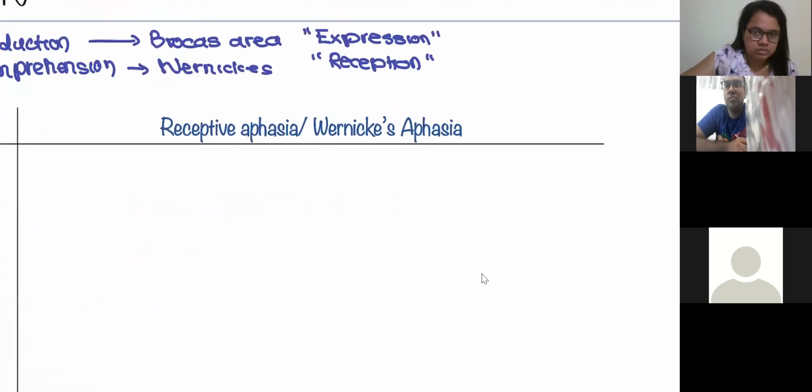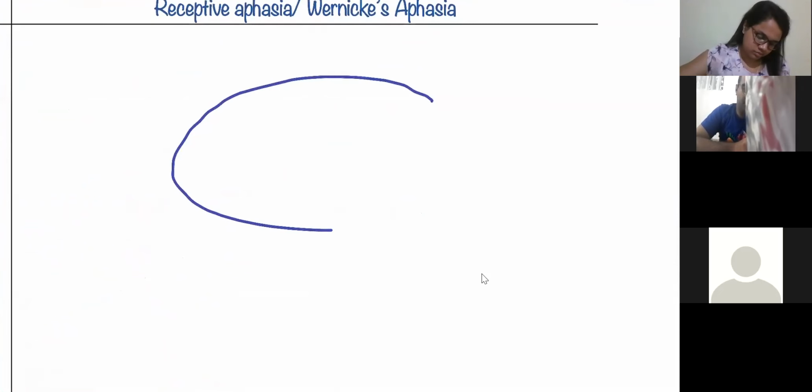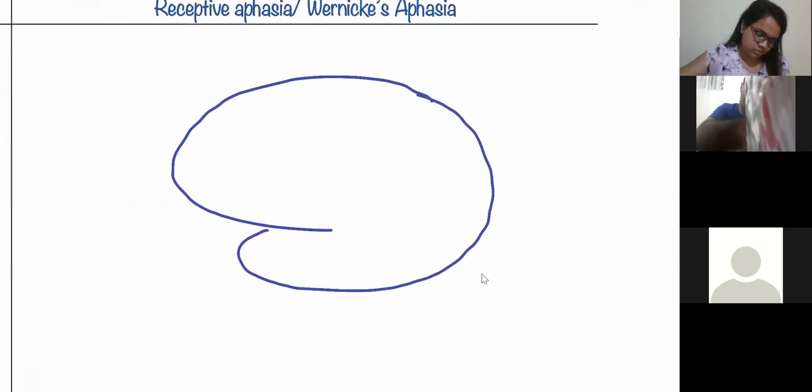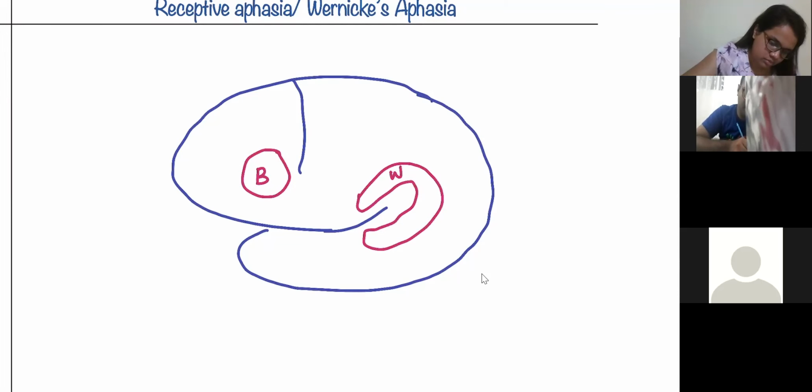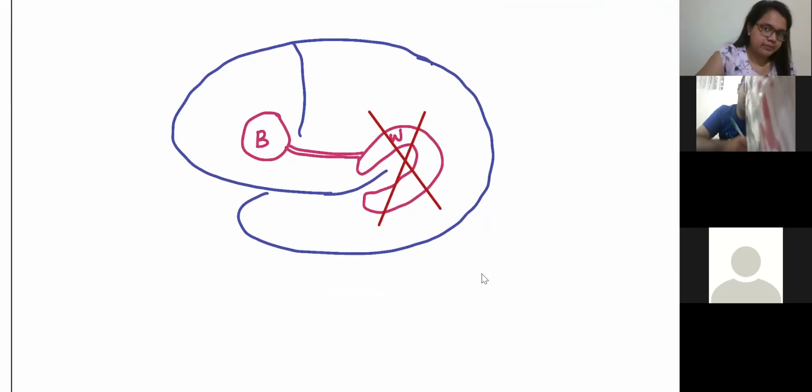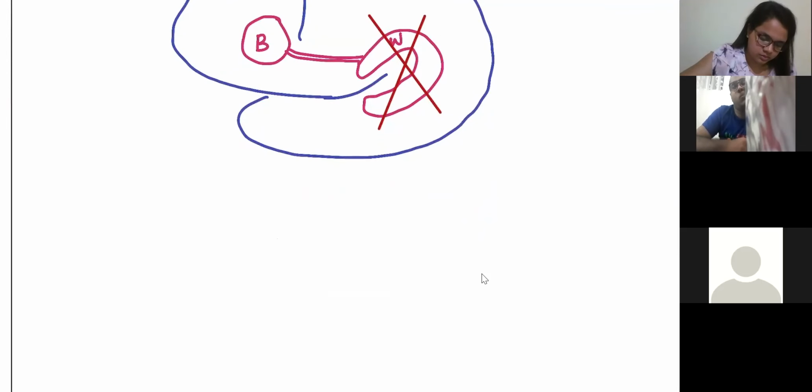Next, we are going to draw this again. Broca's area. Wernicke's area. Association fibers. Now, the damage is in this area. So let's take the normal structure now.